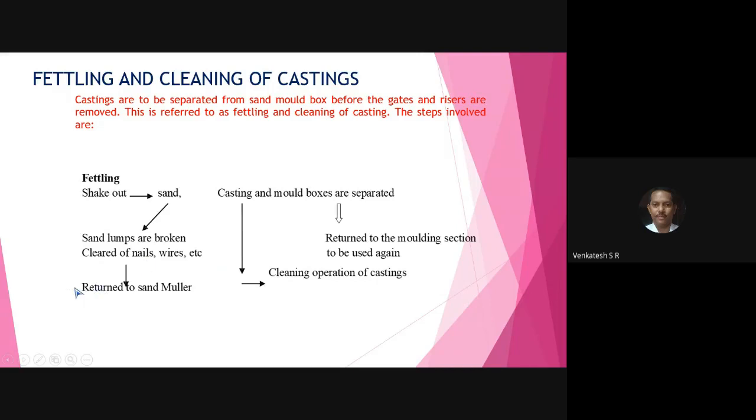And next, mold box returns to the sand muller. By the side, write down casting and mold boxes.